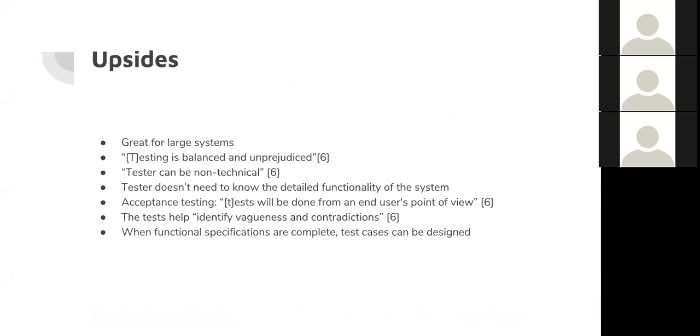It's also sometimes called acceptance testing because tests are done from an end user's point of view. This testing is great for identifying vagueness and contradictions within the code and other defects. And when functional specifications are complete, test cases can then be designed.